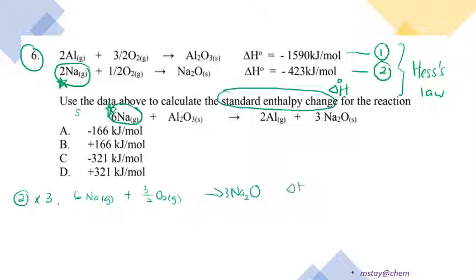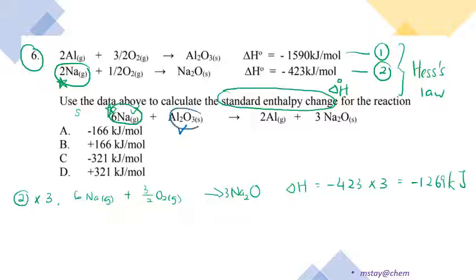So the delta H will equal negative 423 multiplied by 3 as well, which is negative 1269 kilojoules. So next, we've already settled the sodium. Next we look at the aluminium oxide.